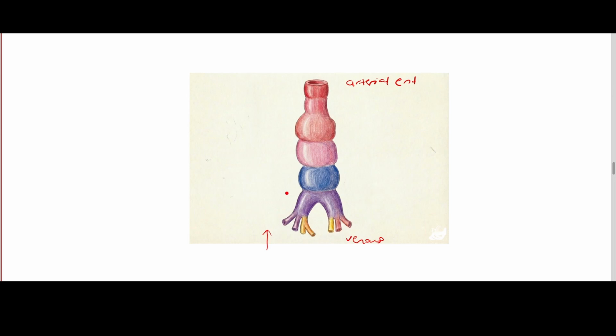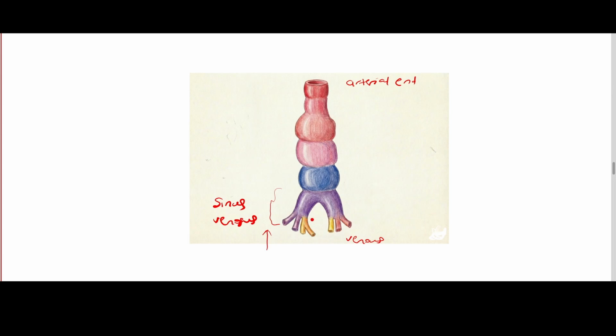So this part of the heart tube is called the sinus venosus. It is the lowest part of the heart tube and it receives venous blood. It has a central body and a right and left horn.